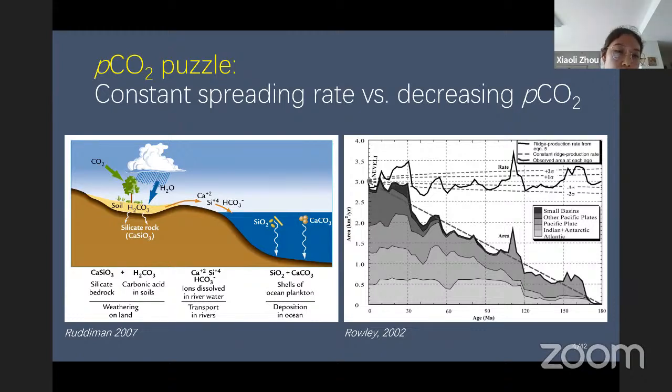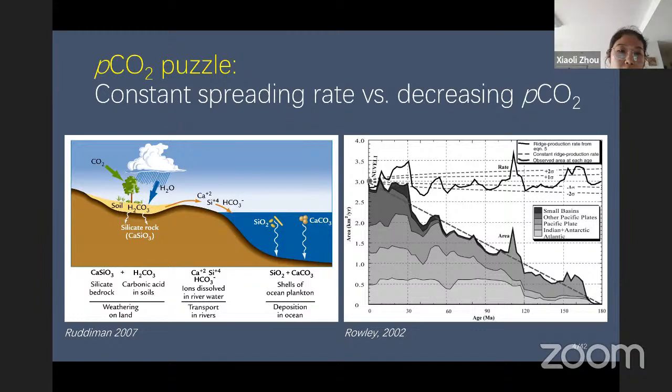The CO2 in the atmosphere will dissolve in the water and react with silicate and carbonate rocks on the continent. This will deliver bicarbonate along with some cations such as calcium and magnesium to the ocean. And these ions will turn into calcium carbonate and precipitate on the seafloor.